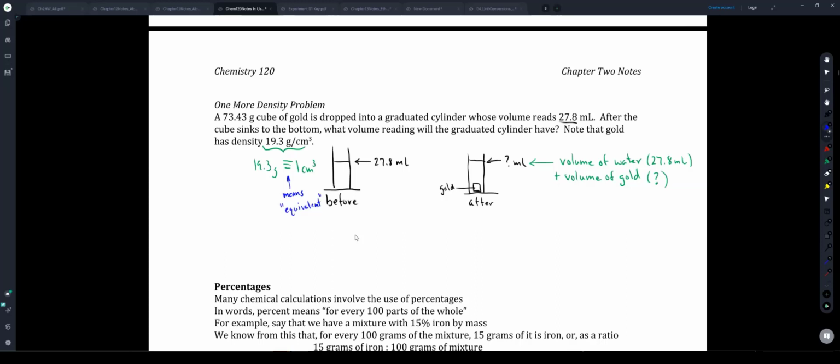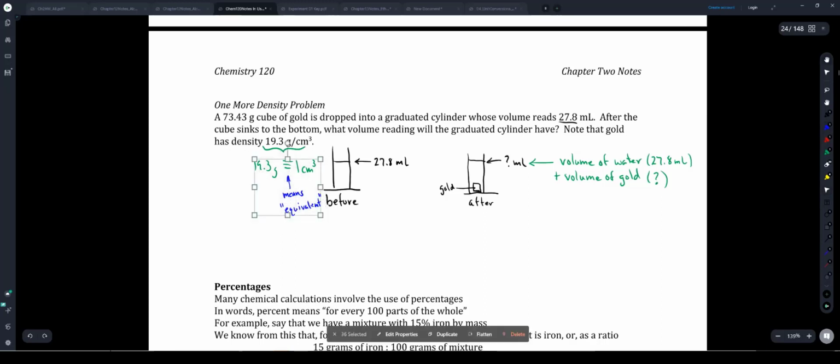All right, so a centimeter cubed is the same thing as what? This was a very big deal. You need to make sure you remember this. Centimeter cubed is the same as a what unit? A milliliter. Yeah.